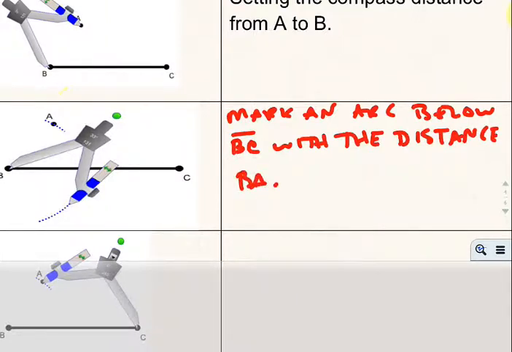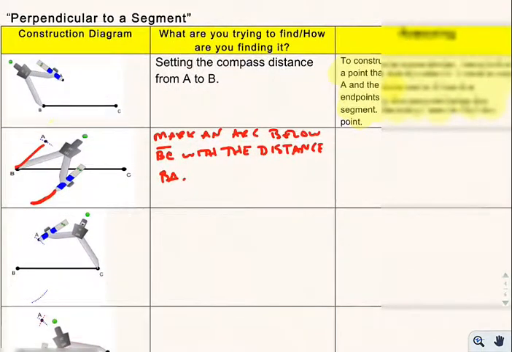In other words, I found this distance, and now I know that the point I'm looking for is somewhere along that arc.